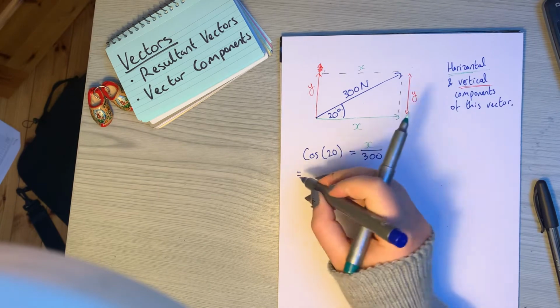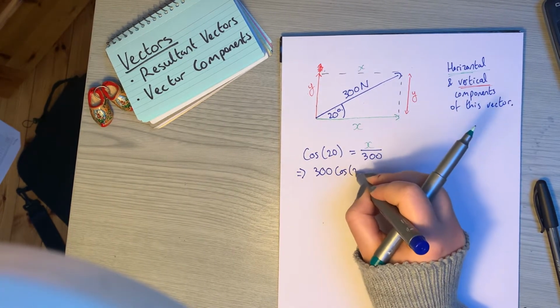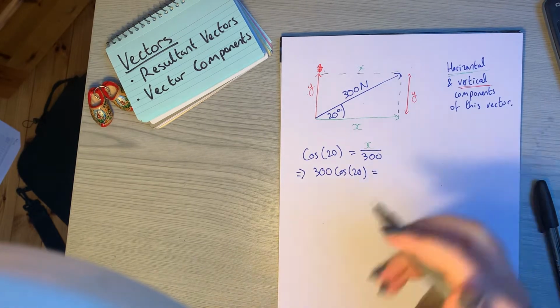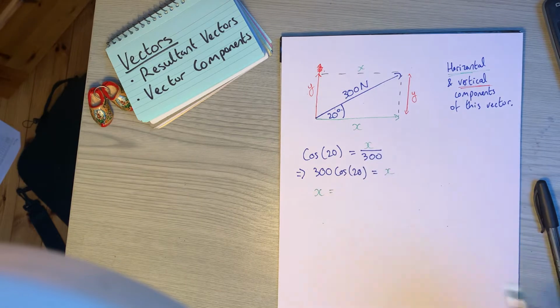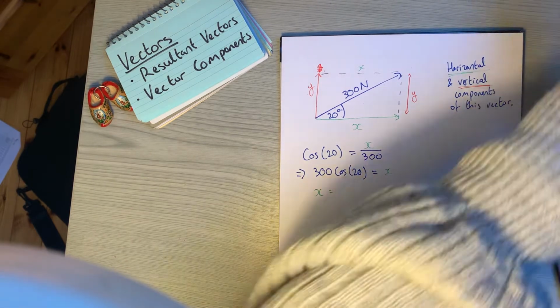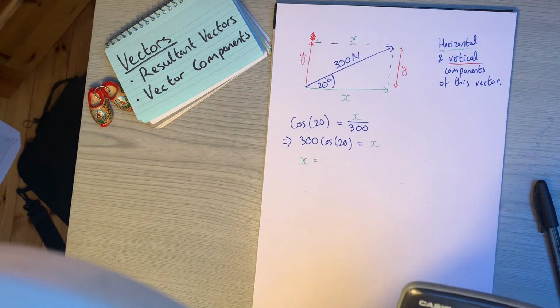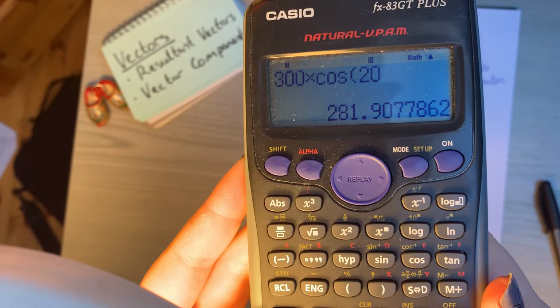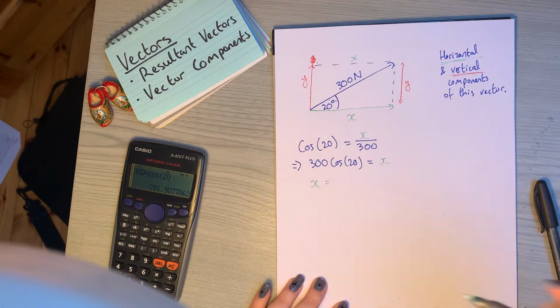So therefore we can say that 300 times cos of 20 is equal to X, our horizontal component. So 300 times cos of 20, that's 281.9 newtons.